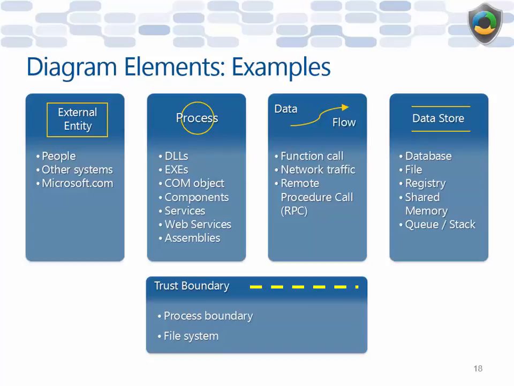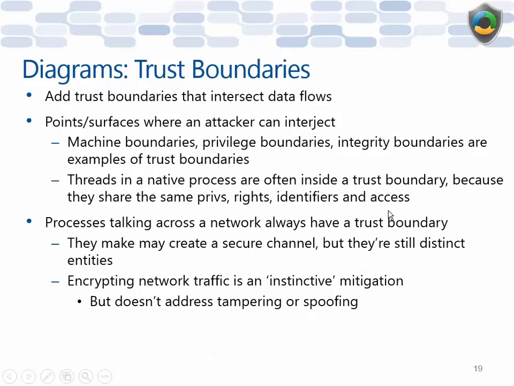Your data flow is typically associated with arrows coming into something, meaning an input, and arrows going out of something, meaning an output. A data store most often is equated with either a database or a file. And a trust boundary is used when you're talking about the relationship between these different elements.